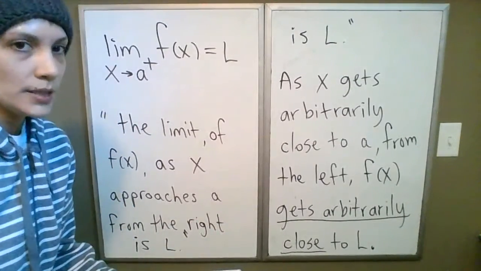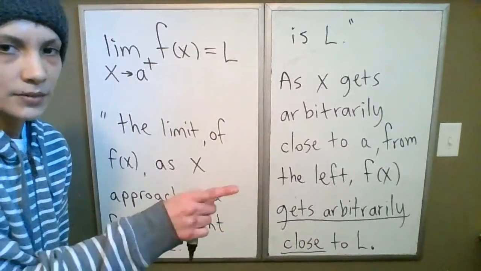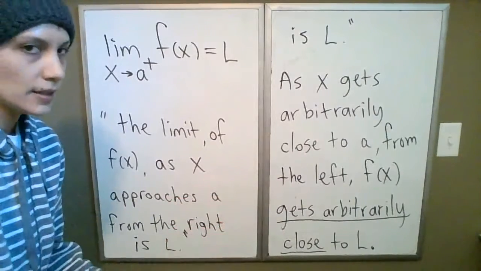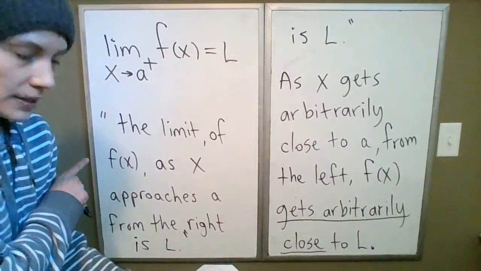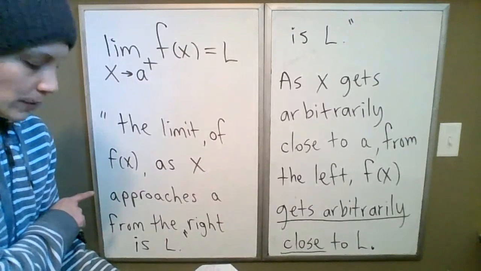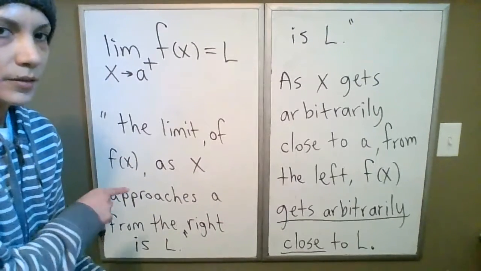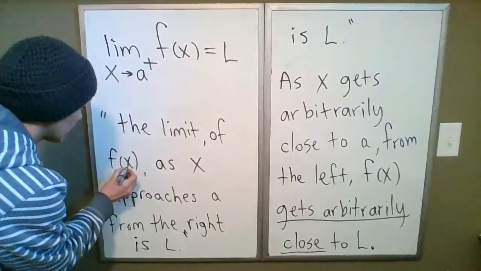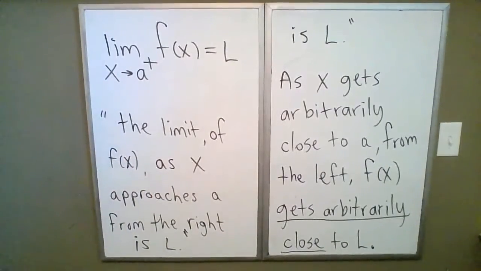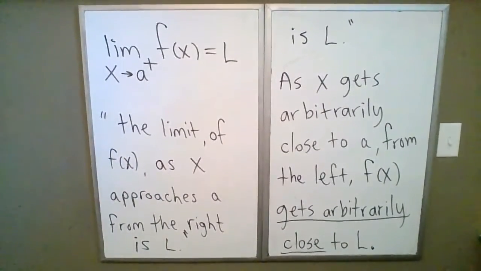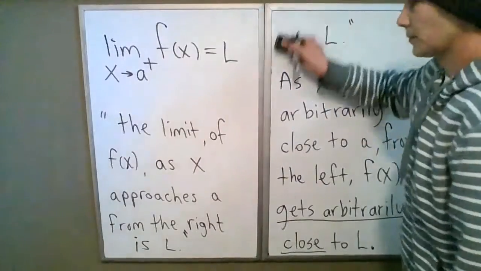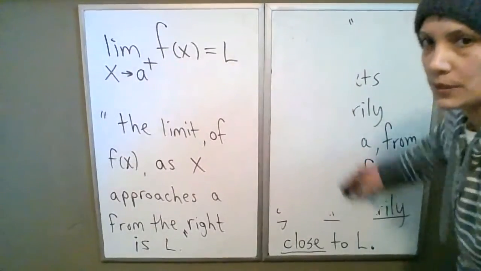And then we wrote this down correctly. It's the same idea as over here. You're just going from the right side. So here, x gets arbitrarily close to a, and as that happens, f of x gets arbitrarily close to L. That's what we're looking for. I guess we'll just write it down one more time.